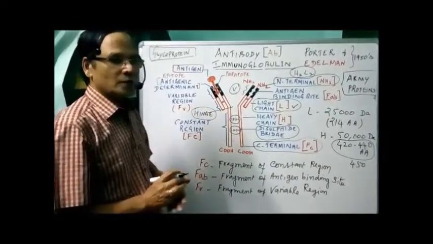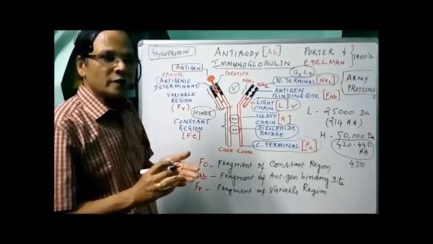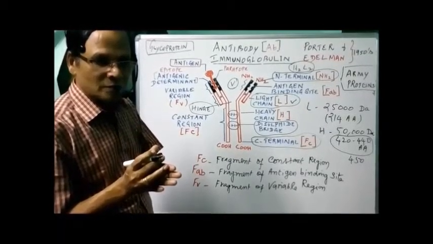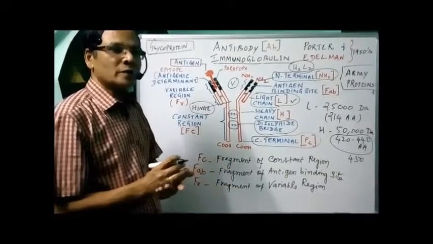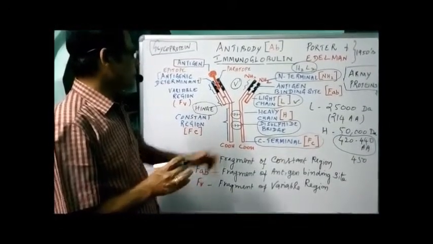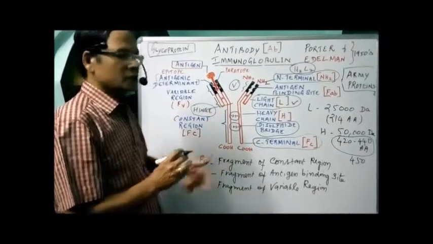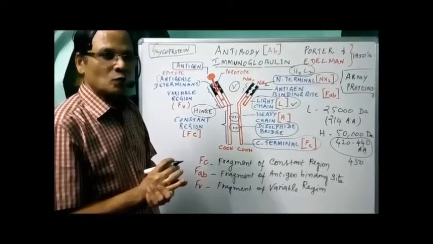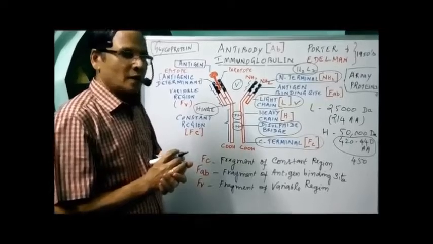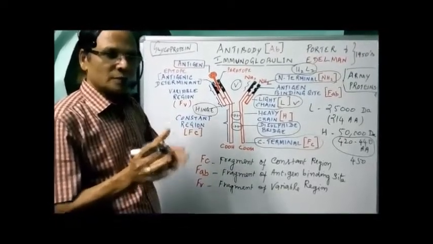They have varying sequence of amino acids. The number of amino acids is constant, but they have varying sequence of amino acids to differentiate different types of antibody molecules. And the other one, the large region, is called the constant region or FC region, having the same sequence of amino acids.